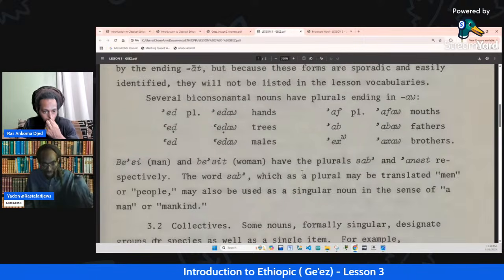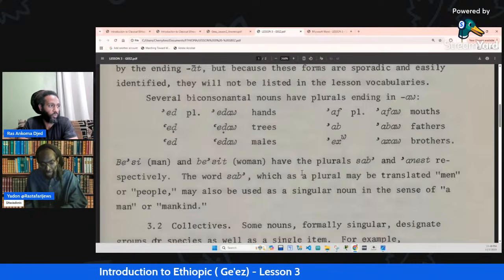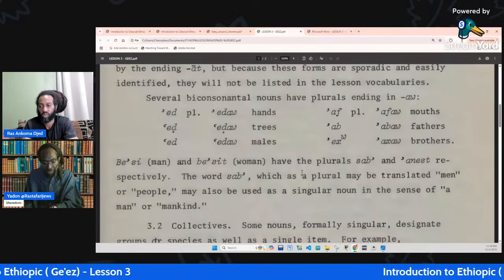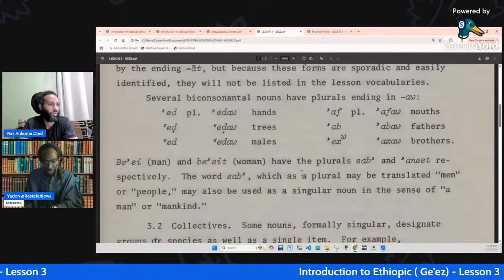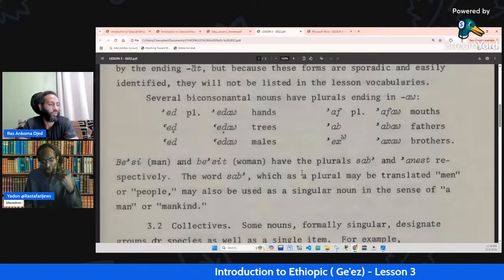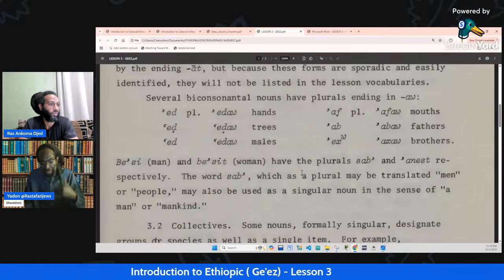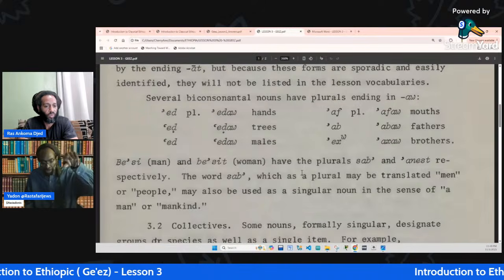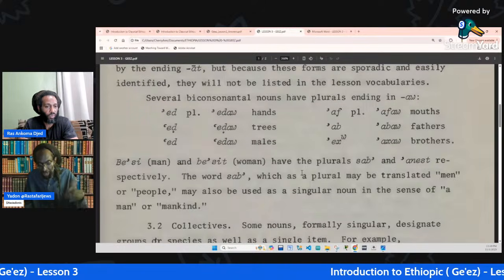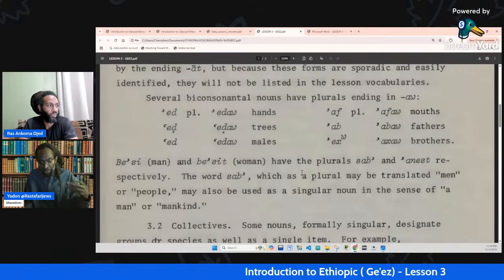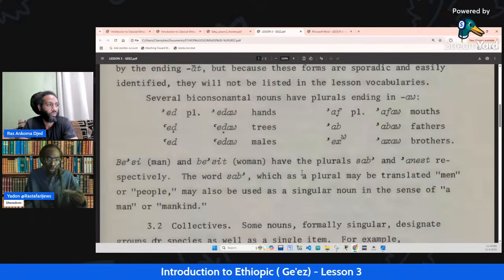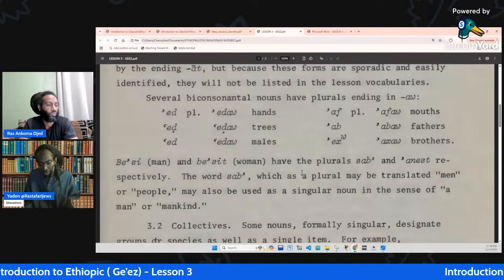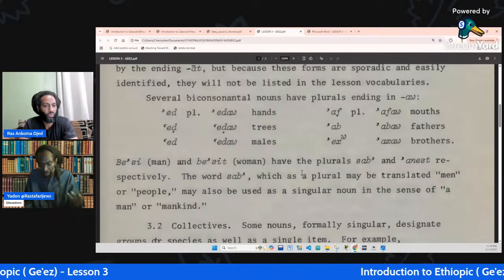But I'm saying ij comes from id. So you see id right there. Id is hand, singular. It's a soft a. Remember the comma is the forward. The plural is edo. Edo is hands. So we have id, hand, edo.